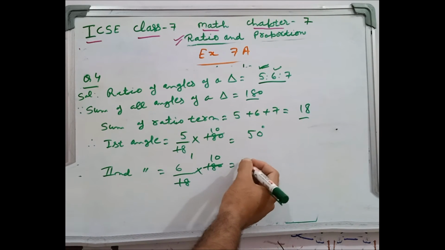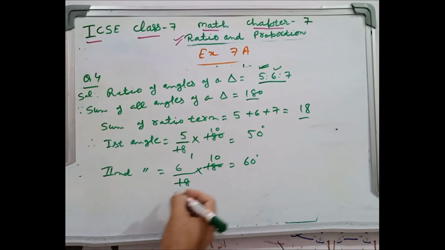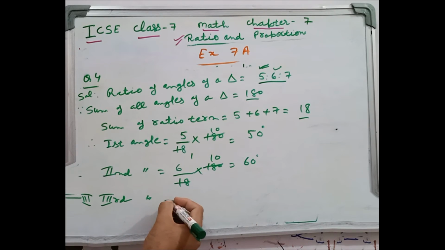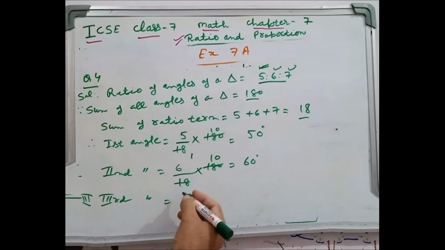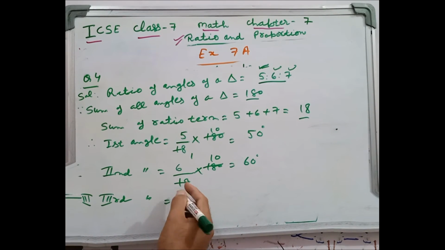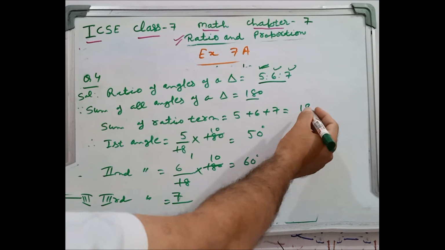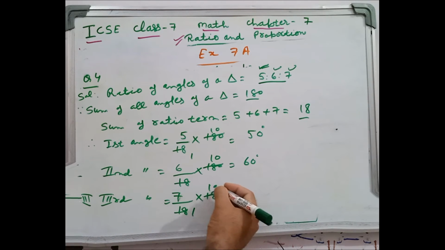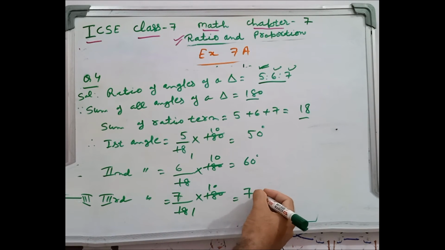It will come out to be 60. Therefore the third angle: the ratio is 7 upon the sum of ratio terms, 18, times the sum of all angles. It will come out to be 70 degrees.